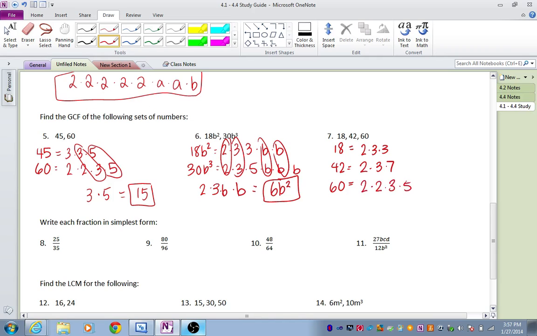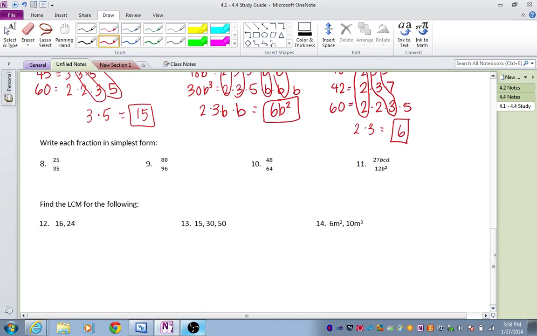So now for GCF, we need to find a common factor in all three of our numbers. We have a 2 that's in all three, and we also have a 3 that's in all three. So we write down our 2, write down our 3, multiply them together, and our GCF is 6.